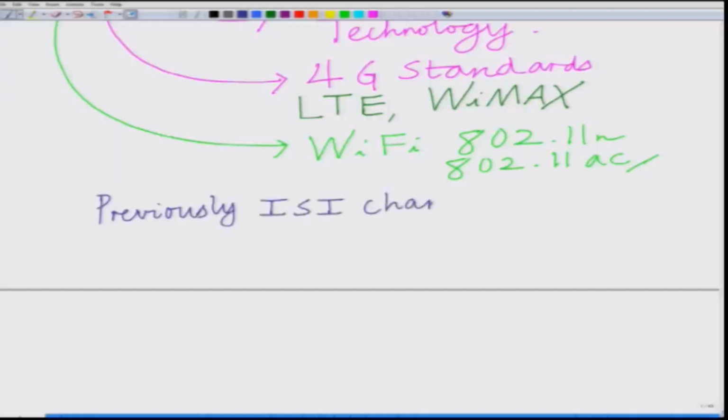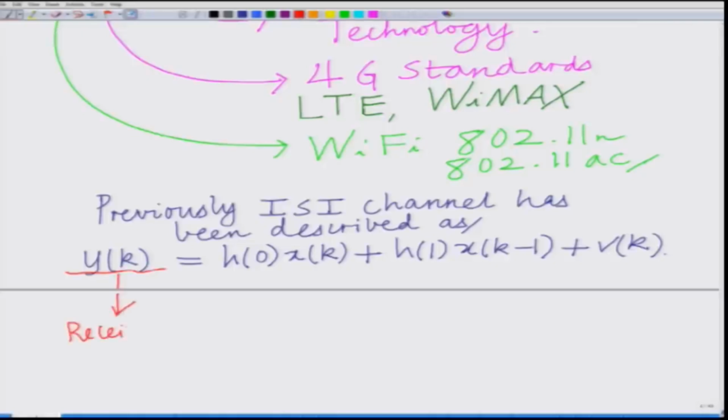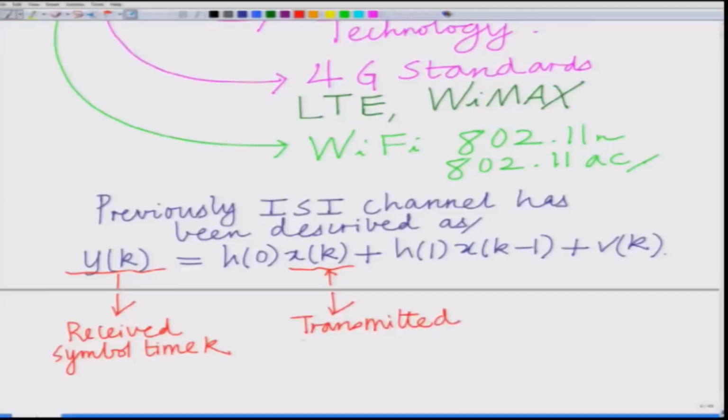The ISI channel has been described as Yk, that is the received symbol at time k, equals H0 xk plus H1 xk minus 1 plus Vk, where Yk is the received symbol at time k, and xk is the transmitted symbol at time k.